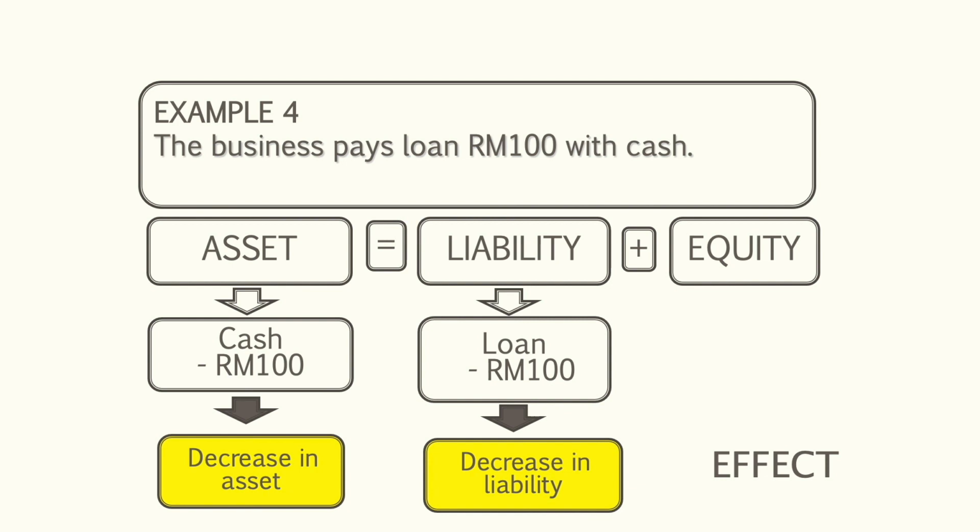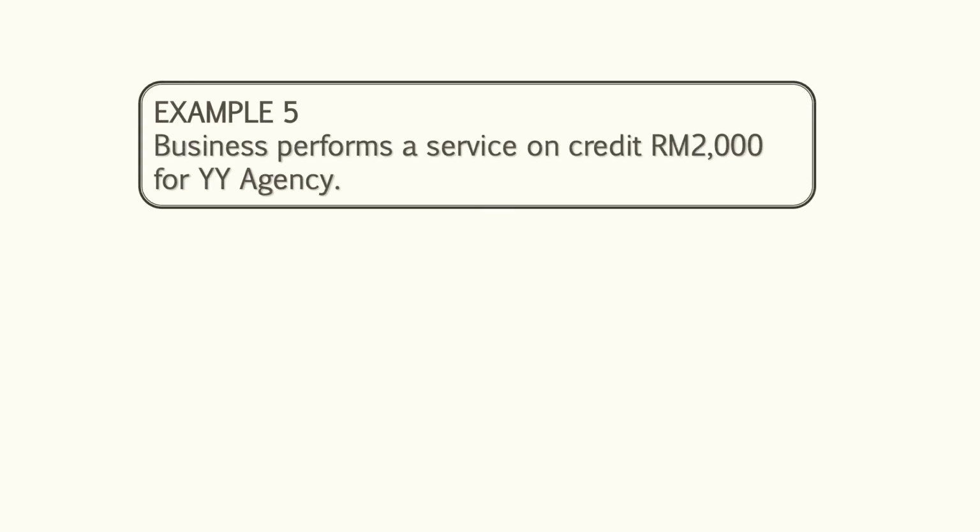So let's go to example number 5. The business performs a service on credit, RM 2000, for YY agency. Again, the business performs a service, so we give a service on credit terms, secara hutang.